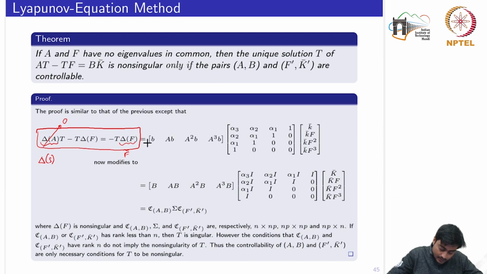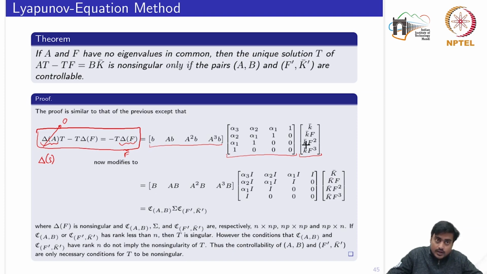On the right hand side, we have the controllability matrix of the pair (A, B), the controllability matrix of the pair (F transpose, K bar transpose), and in the middle we had a square matrix which is non-singular. Now if we see this for the multivariable case, all the small b's would change into the capital B's.